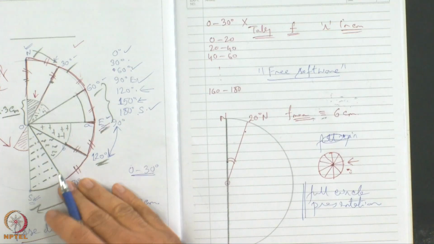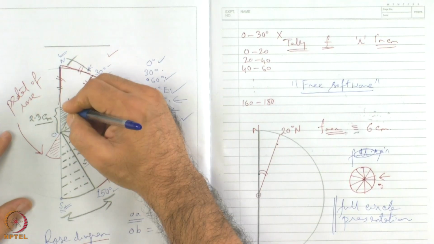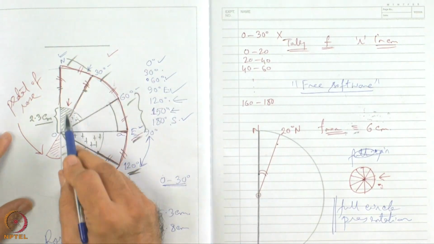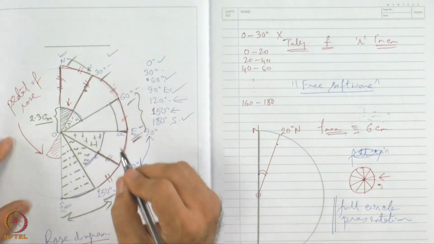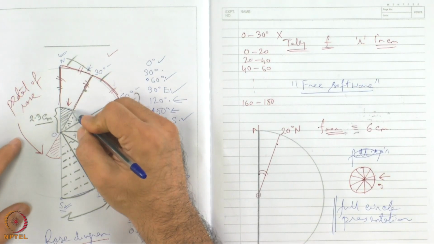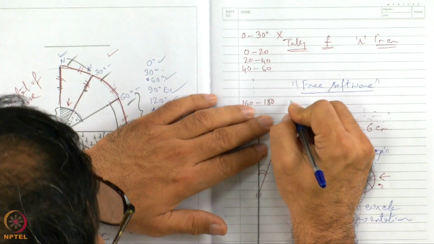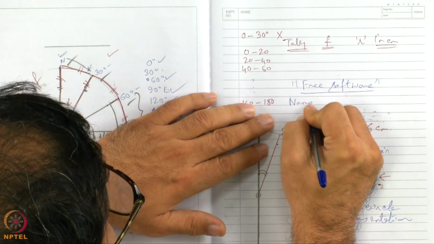In software, when you create the rose diagram, you will find we are not getting these lines as circular arcs, they may become straight lines. Strictly speaking, these are arcs and they are not straight lines. Also note down the name of the software.